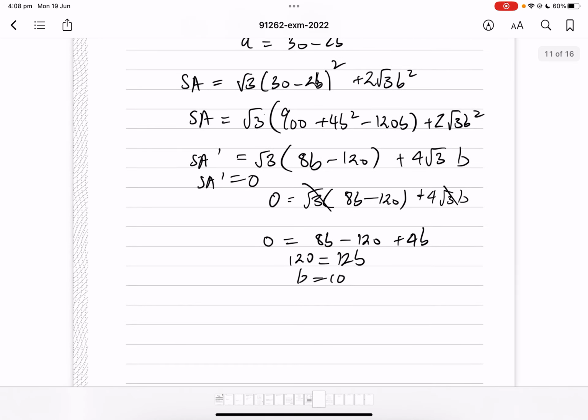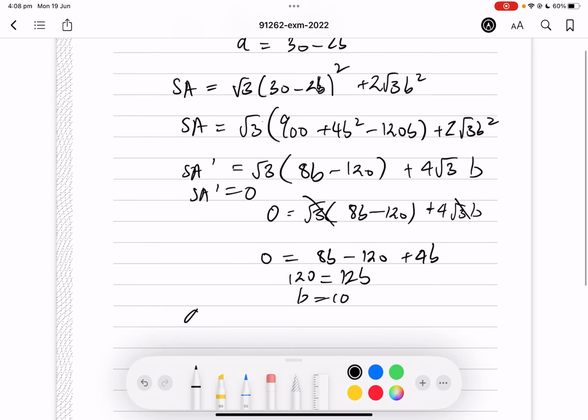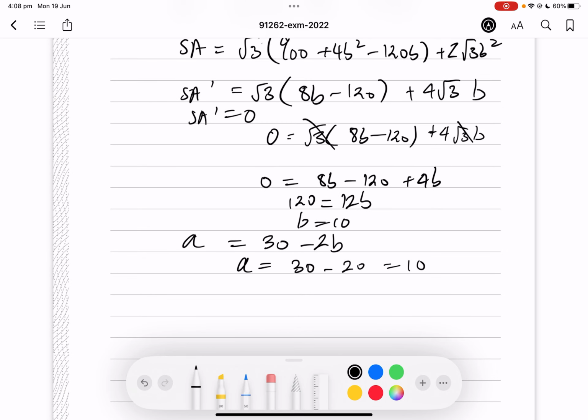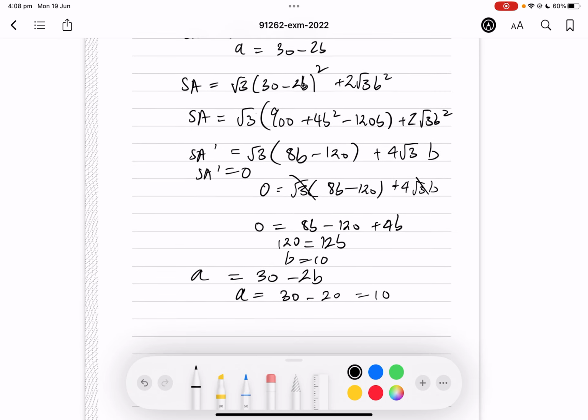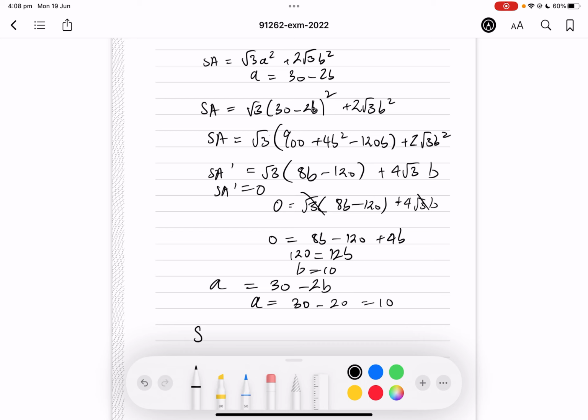Okay, so b equals 10, and we know that a equals 30 minus 2b. So a equals 30 minus 2 times 10, which is 10. So a is also 10. And we're going to substitute a equals 10 and b equals 10 back into the equation for the surface area. So SA equals root 3 times 100 plus 2 root 3 times 100.